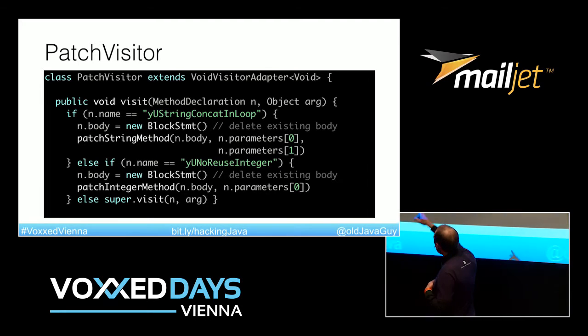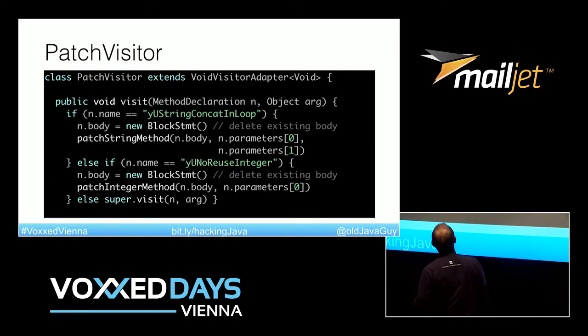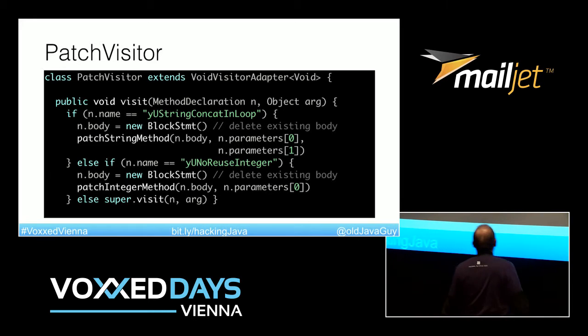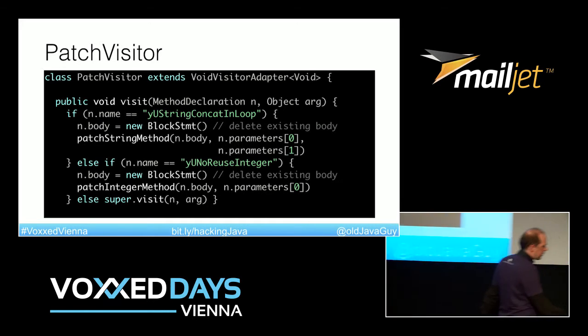In this case, I'm overriding the method declaration part, and I'm matching for my two buggy method names. And if there's a match, I'm just reassigning the method body with a new block statement, which is basically overriding the existing one, and then I'm calling my custom method.